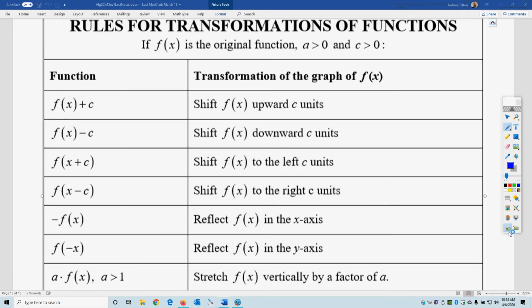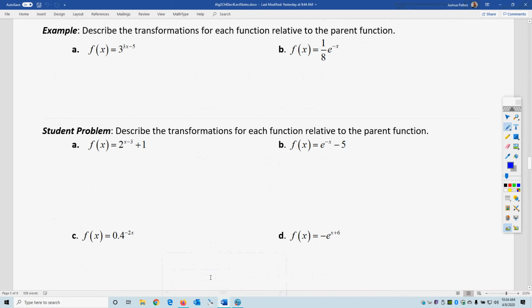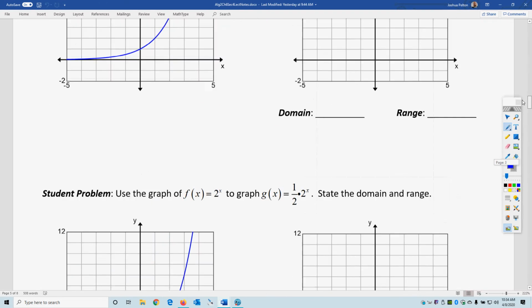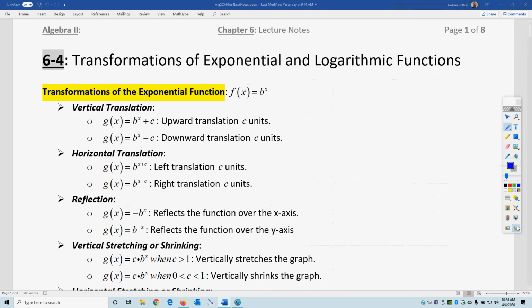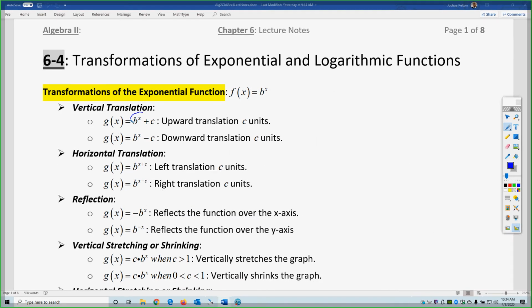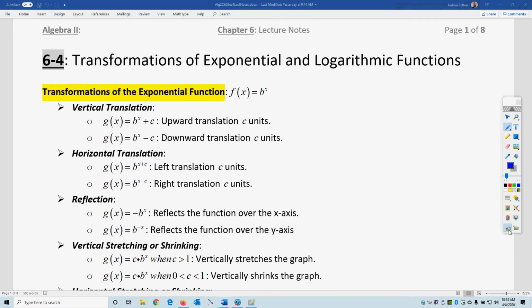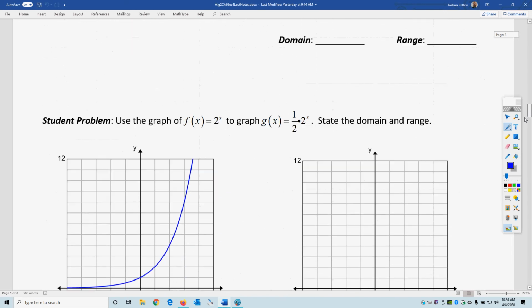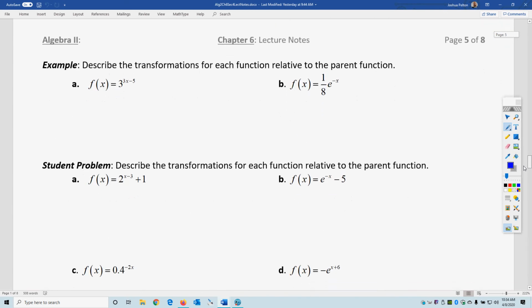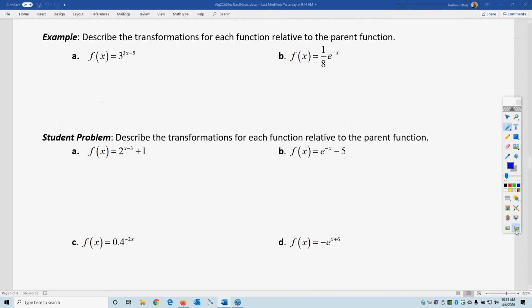It's also at the beginning of this section, specifically for exponential functions. Same rules, but written with an exponential function instead of f of x, and the order should still be obeyed.